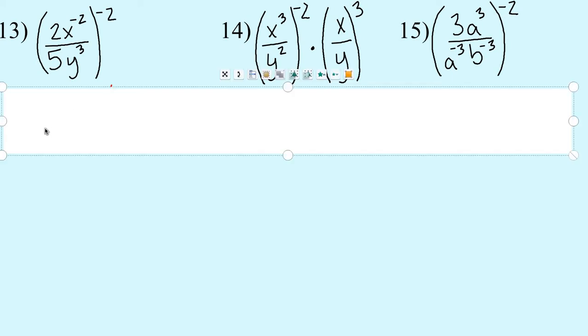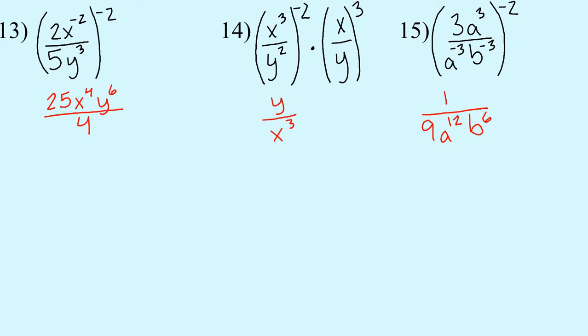All right, these are the answers, so let me work them out. I'll just show you one way of doing it. For this one, we can just go ahead and distribute that negative 2. I think that's what I've seen kids do in the past. So it'd be this, and then x to the positive 4, right? A power to a power, you multiply, because there's a parentheses in between.